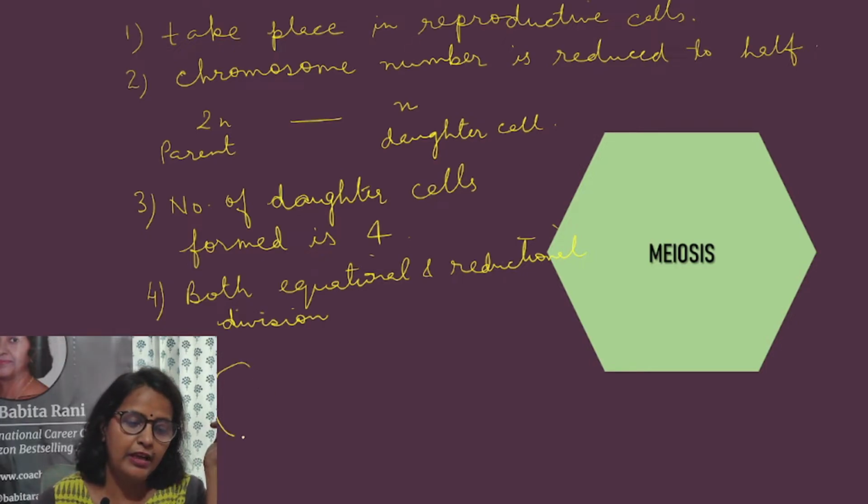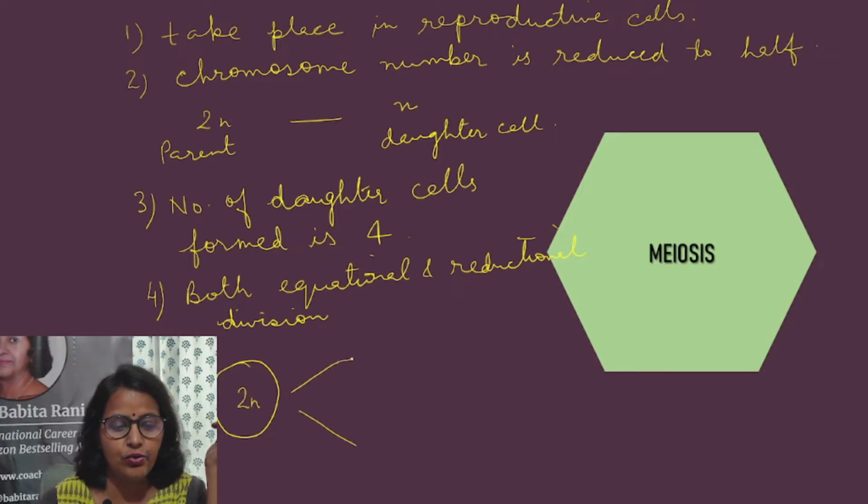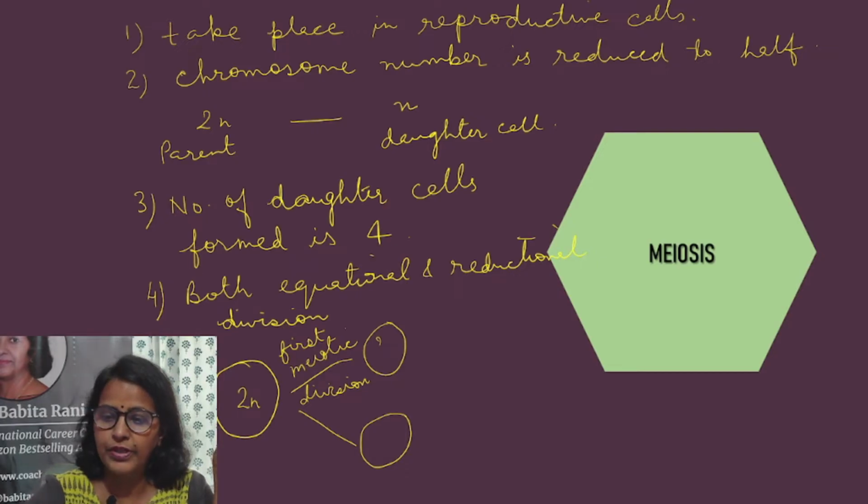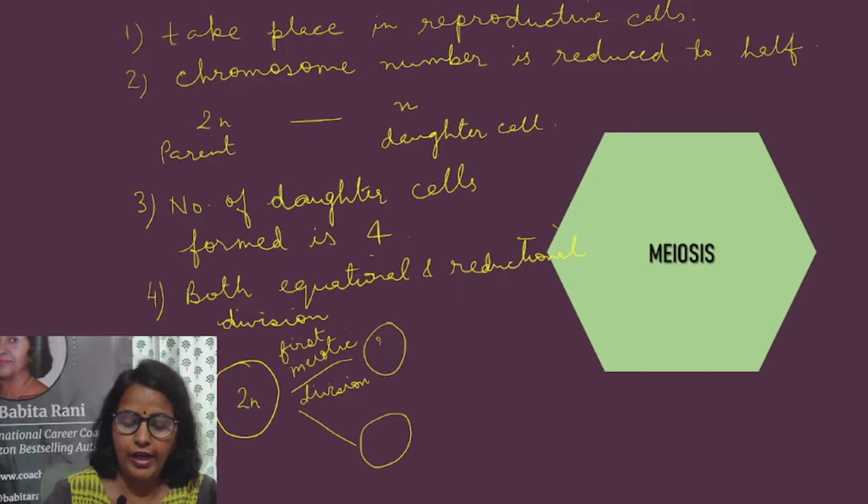So, if we begin with this cell, suppose this is having 2n, in first meiotic division 2 cells will be formed, each having 2n, that is the first division is equational.